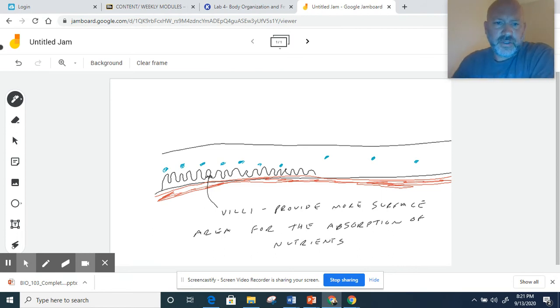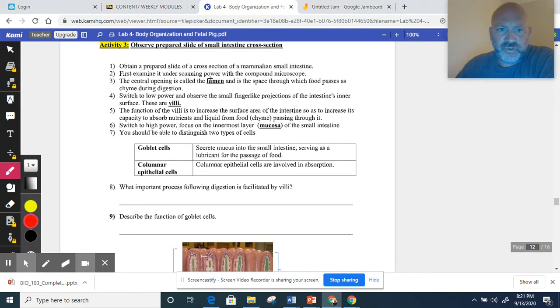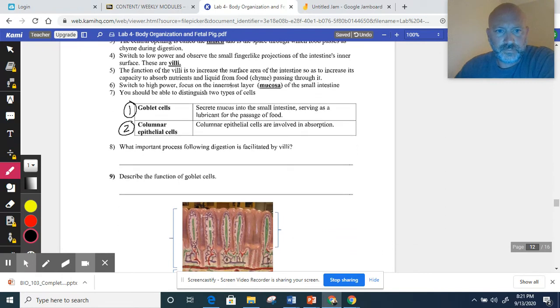So if we were to look really closely and zoom in on one of these villi, what would it look like? Well, we would see two types of cells. We would see, number one, goblet cells, and then we would see columnar epithelial cells, all right, inside the villi. Now, if we look at columnar cells under the microscope, they call them columnar cells because they look like columns.